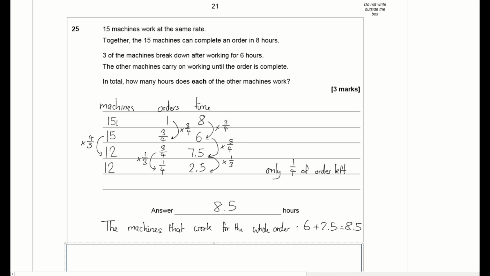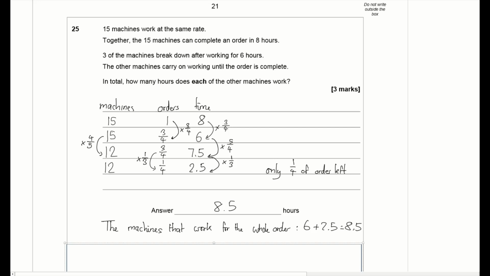So we've started with our input values, 15, 1 and 8. Now, what we know is that these 15 machines are going to carry on working, but they're only going to work for 6 hours before, sorry, not one of them, 3 of them break down. So we try and only change one thing at a time. So notice 15 is left alone because those 15 machines have carried on working for the first 6 hours. It's the time that has changed. Now, how do you get from 8 to 6 is the real question. Well, that's just times by 3/4.